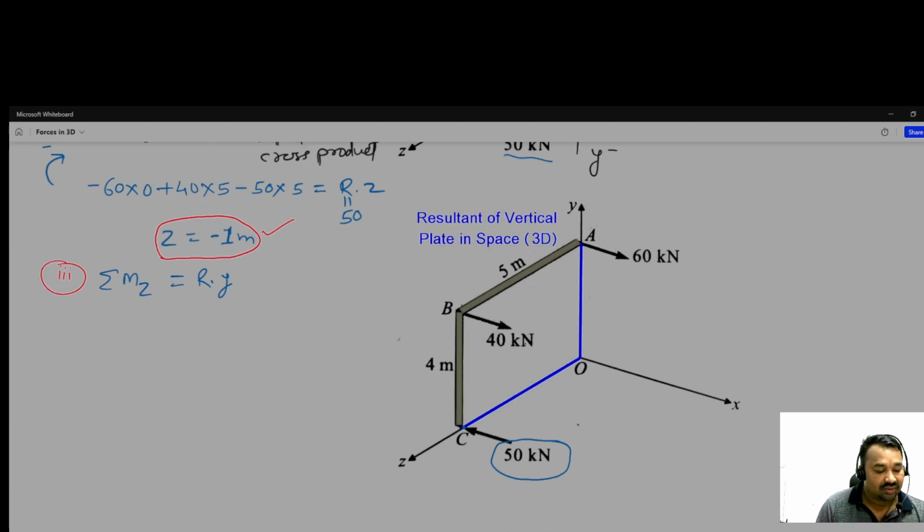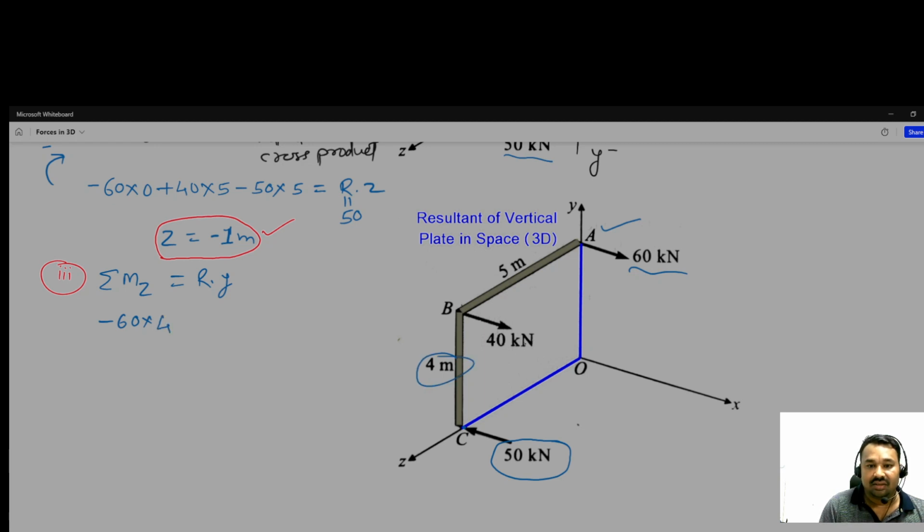Starting from the force acting at A, it is 60 multiplied by the perpendicular distance from the Z axis, which is 4 meter.